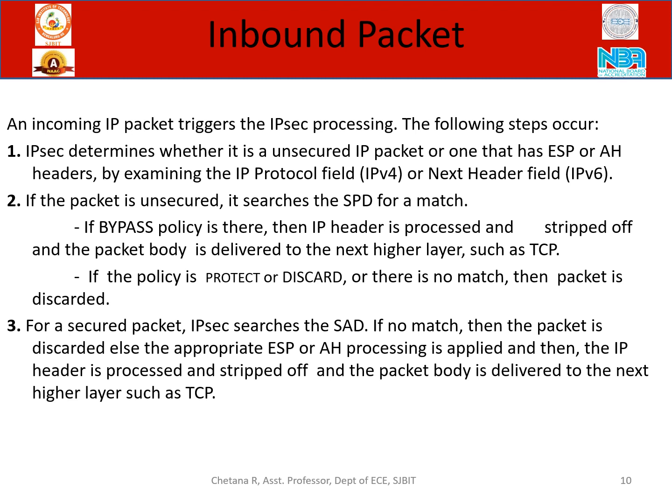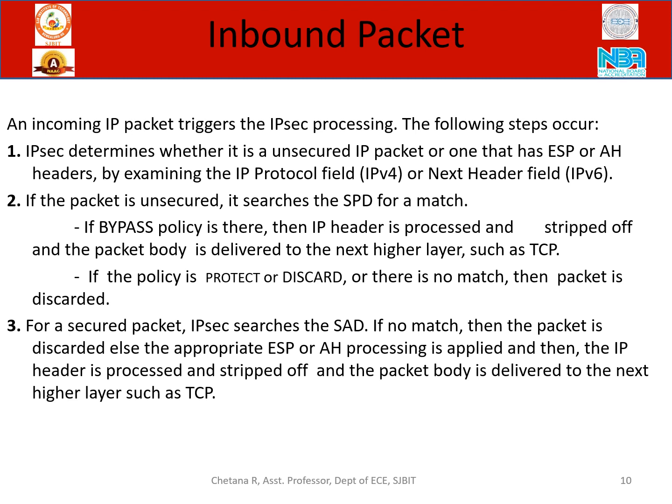or one that has ESP or AH headers, by examining the IP field or the next header field. Just now we saw, if required, it normally goes for the ESP and authentication header protocols. So every time it will check.